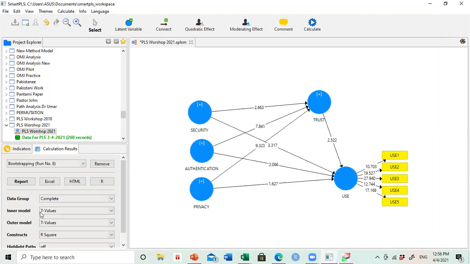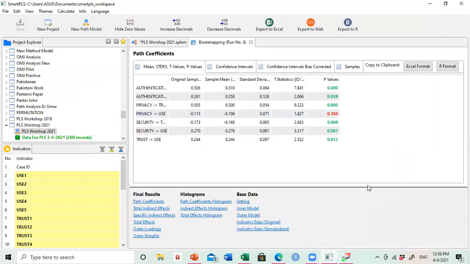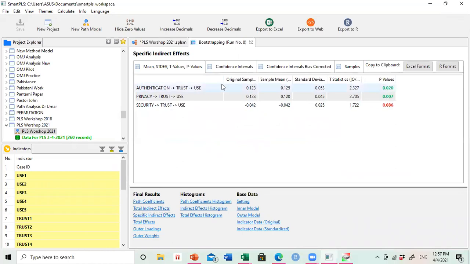In this case, you go to report. Under report, you go to final results. Down, you will see specific indirect effects. You click there. Okay, when you click there, what you see is your result.